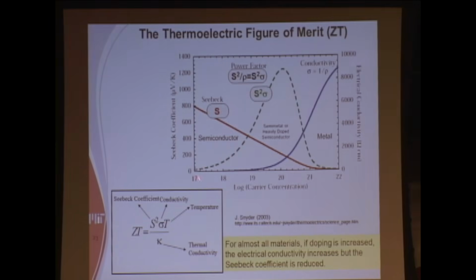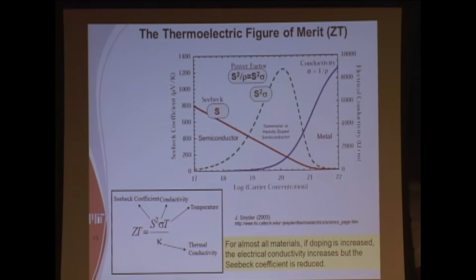Well, for the Seebeck coefficient to be large, the carrier density, that is the number of free electrons that we have per unit volume in this bar that I showed, we want that number to be very small to have this high Seebeck coefficient. However, to have a high electrical conductivity, we want that same number to be very large. We can't have it at the same time.